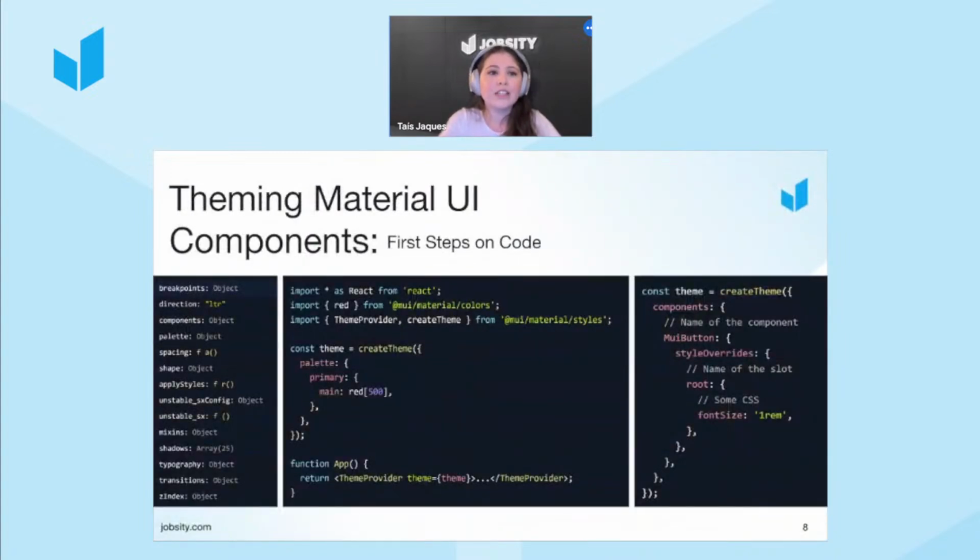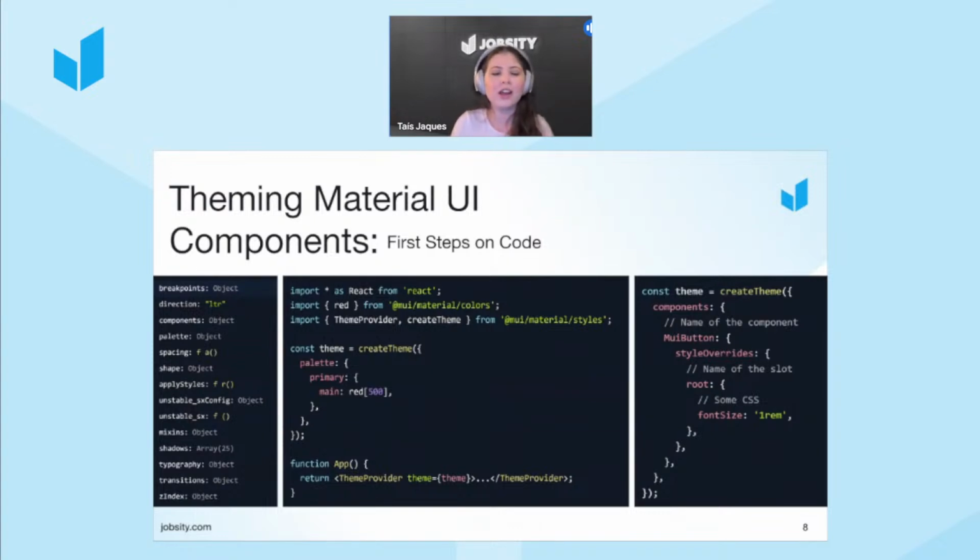So let's go now to the code. We can see here the first thing you should do after you install Material UI in your project is styling the theme and applying it to your project.